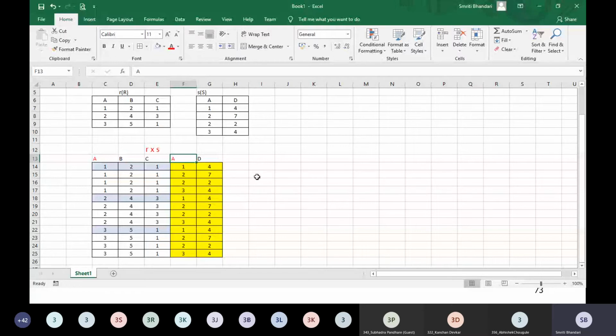So if you remember, we had a discussion in the last session that along with the cross product, we need to provide the predicate to match the values of common attributes. Then only we are getting the result which is relevant. Right? So on this cross product, we need to apply the condition such that the values of common attributes are same.